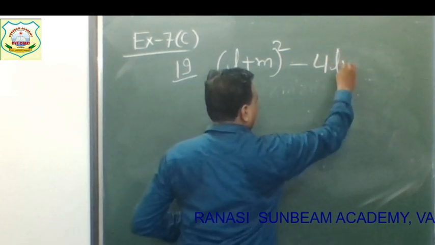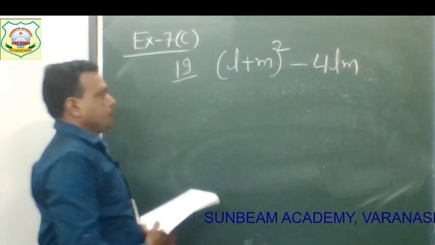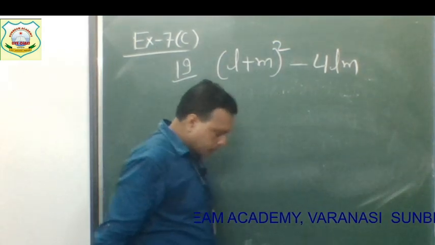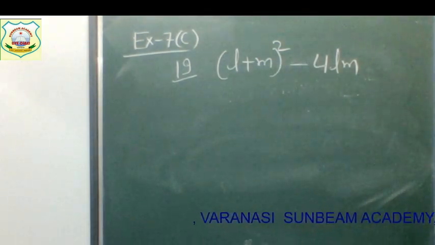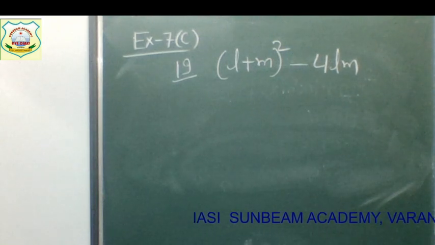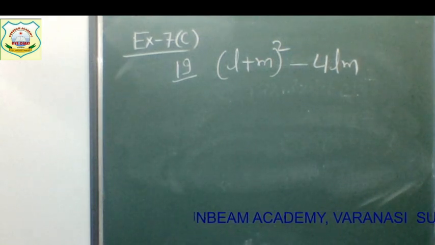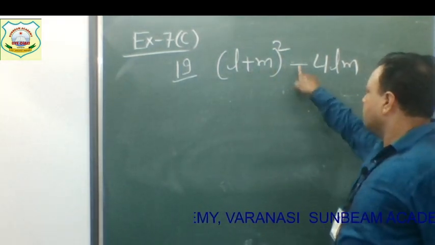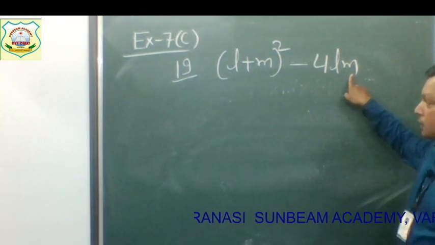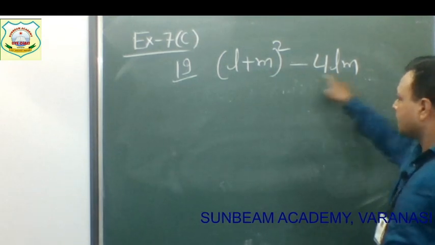So here it is given a little bit differently, (L plus m) whole square minus 4lm. Here there is not anything common.